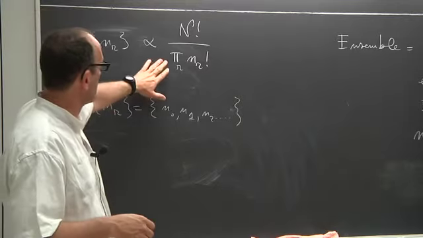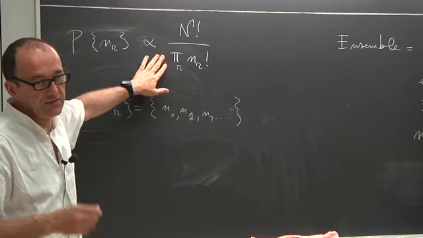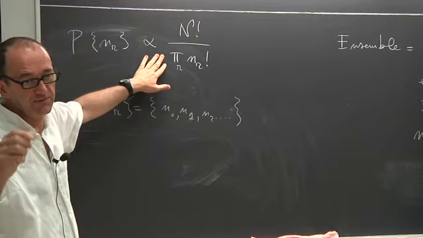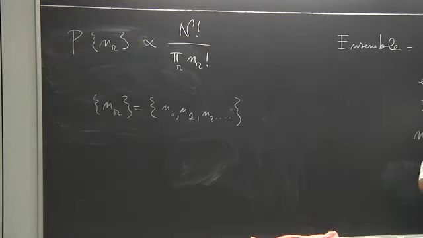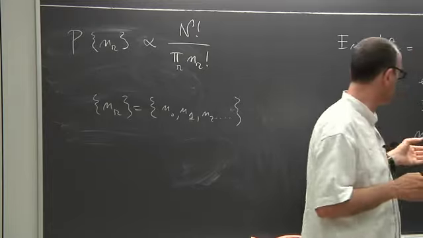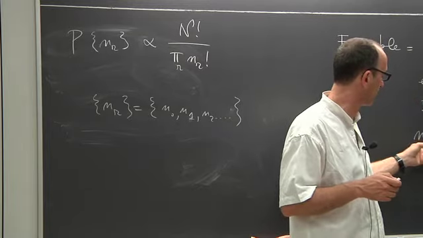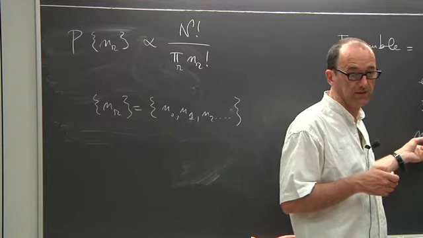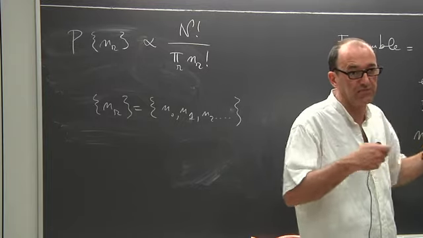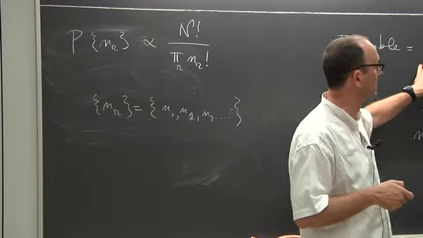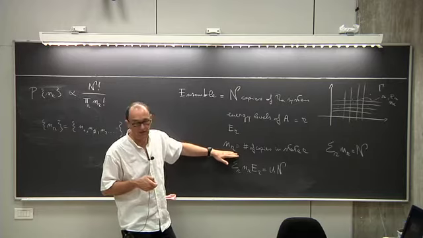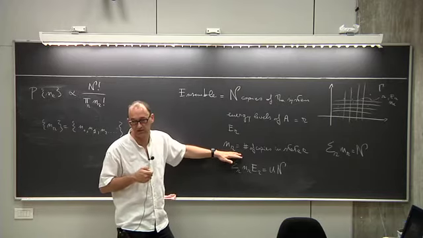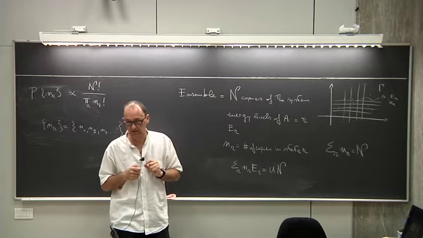And when I'm writing this, what I'm saying is essentially that any way to distribute my copies of the ensemble in the phase space has the same probability. So a particular distribution of points in the phase space has a probability which is proportional to the number of ways in which I can put these many copies in the phase space in such a way that there are n_r points in state r.